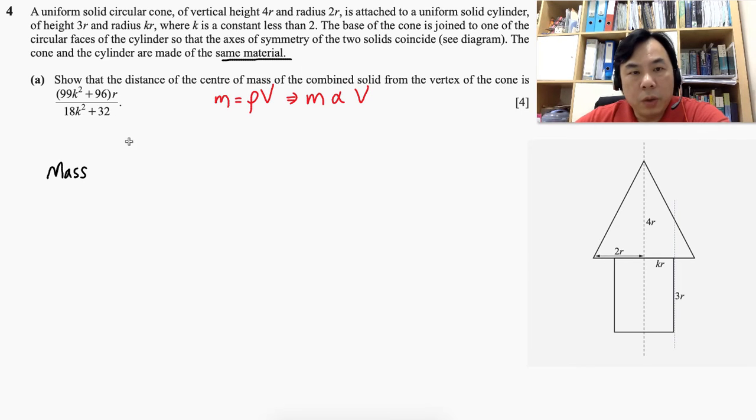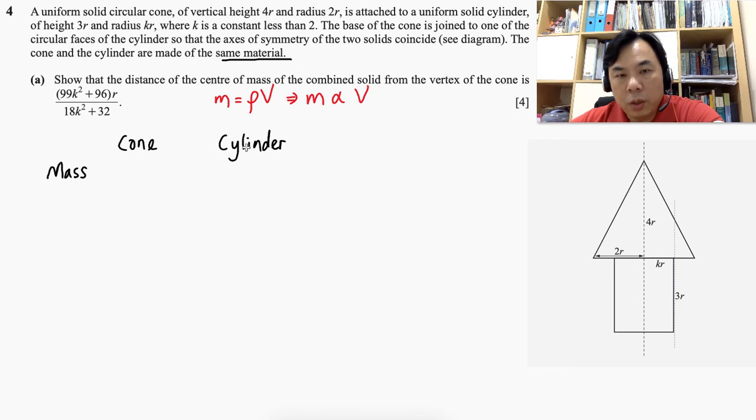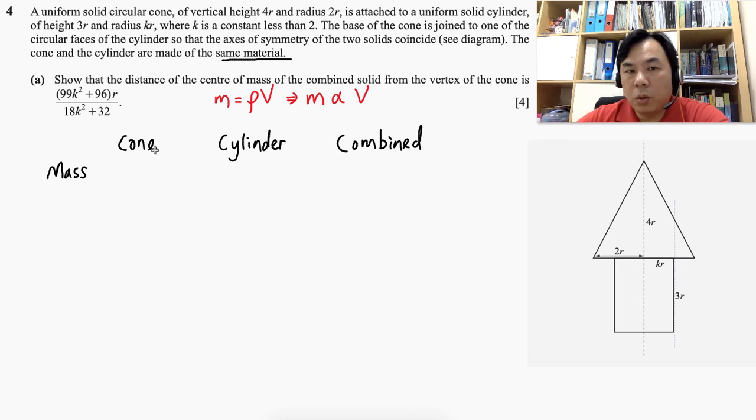First of all, we have the cone, and then we have the cylinder, and then don't forget, both of these joined together will give us the combined solid. Not forgetting, we must also get the center of mass in this case.